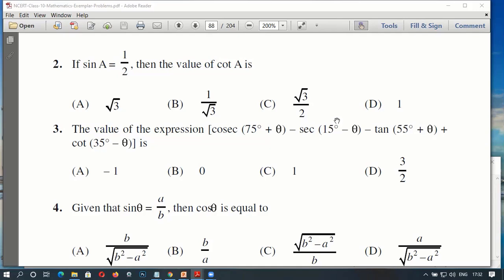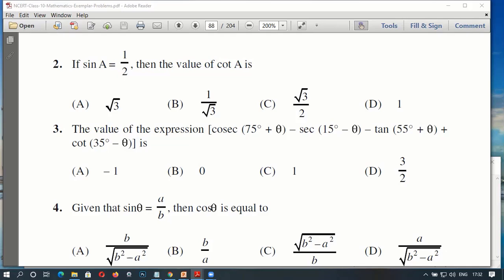You can use that also. Sine is known, cot is required. Tanishka, fast. Nikhil got root 3, okay. Two root 3, Asta got. Asta, 2 root 3 is not there. I think you typed wrong.